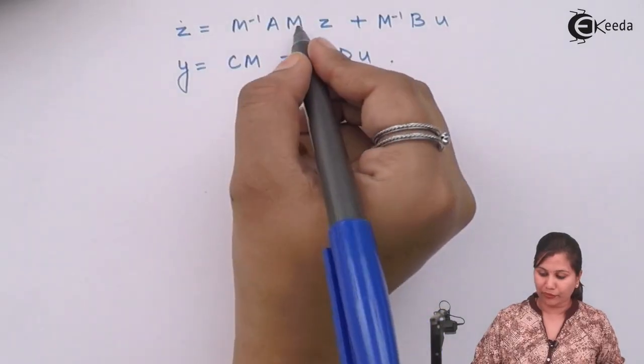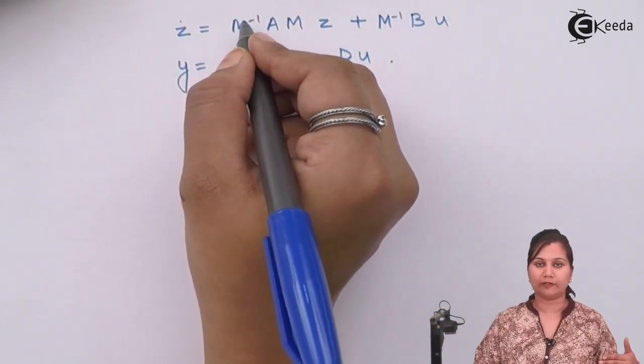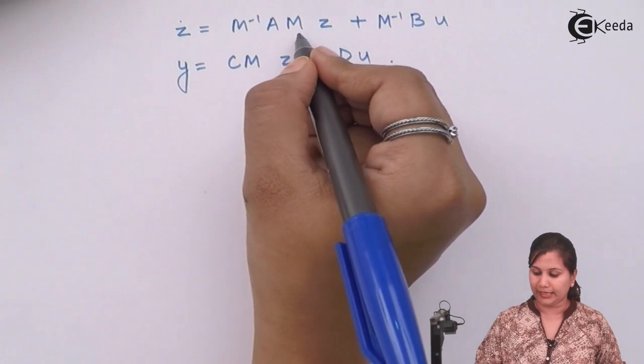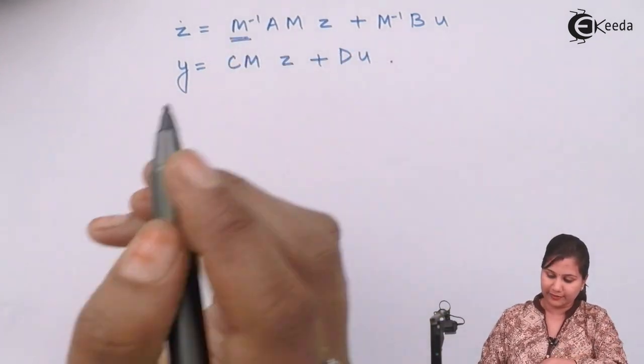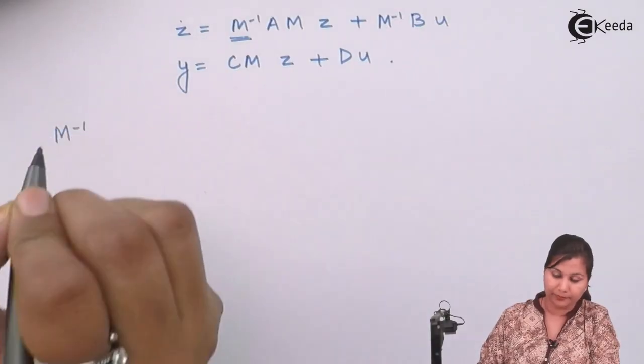So for this we have to find out the M inverse of the modal matrix, then M also we have to find out. So let us find out this inverse, M inverse.